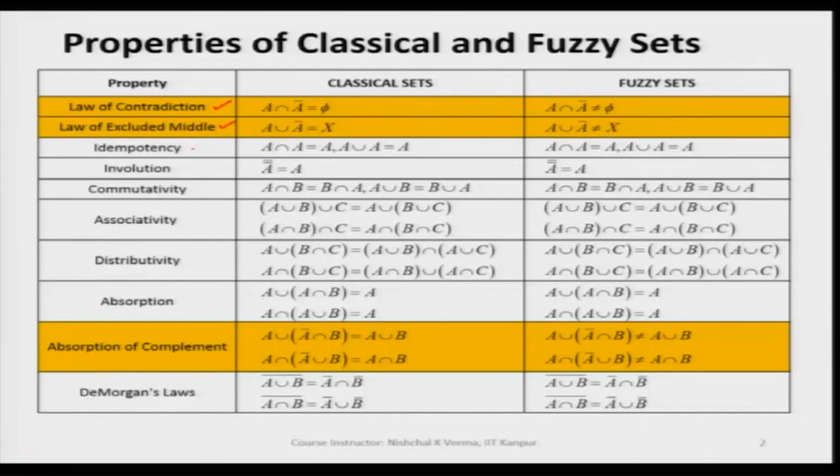The idempotency property is discussed, and involution is also discussed. So, we see that we have covered four properties so far with respect to fuzzy sets. Now, we will try to cover the remaining properties in this lecture.